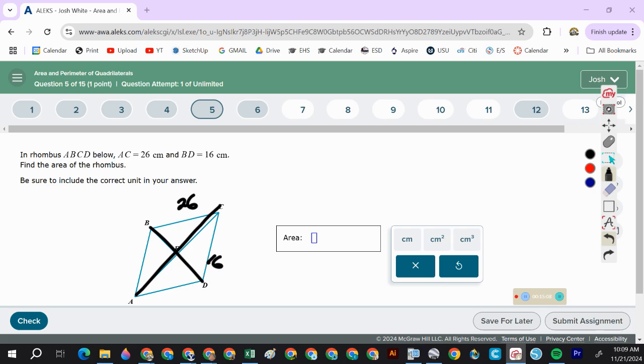Okay, so I need to know what is the height. Well, what is the base, and then what is the height. So with a rhombus, you're going to have a right angle right there. So this is going to be 8, and this is going to be 13. Half of 26 and half of 16.